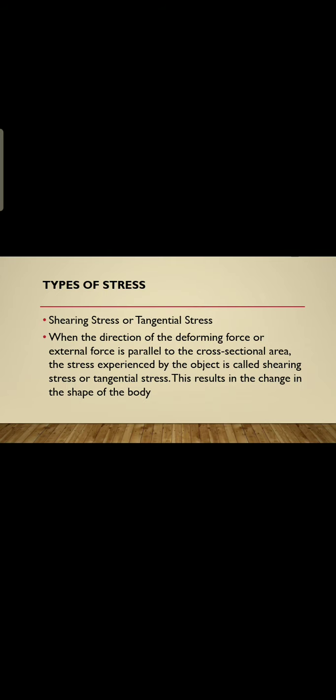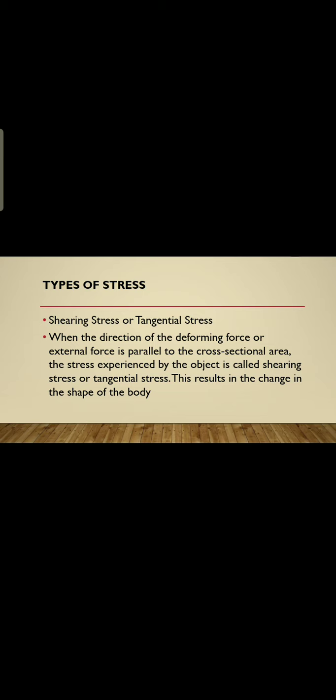So the last type of stress is the shearing stress or tangential stress. When the direction of the deforming force or the external force is parallel to the cross-sectional area, then the stress experienced by the object is called the shearing stress or tangential stress.